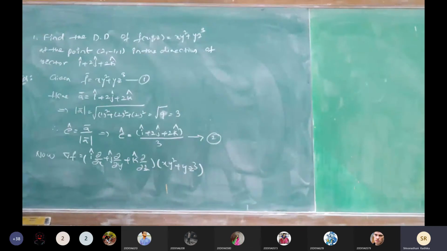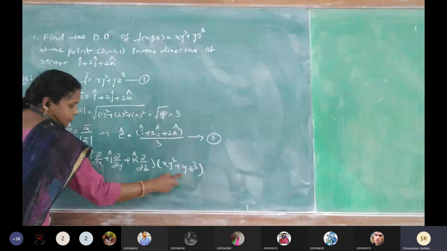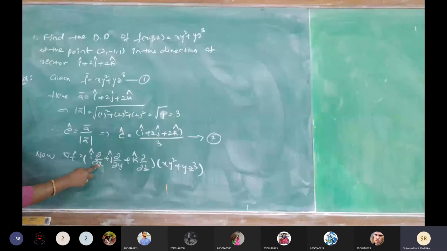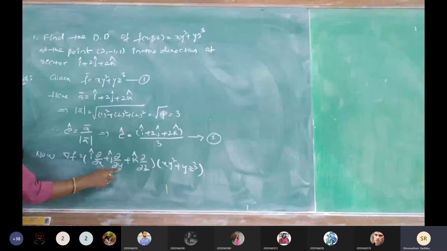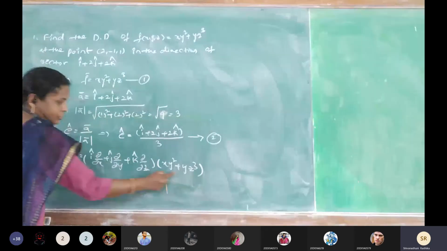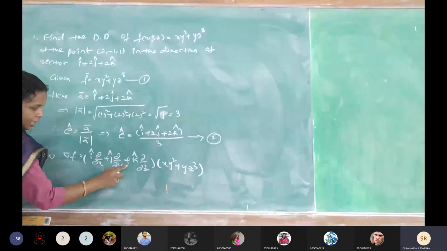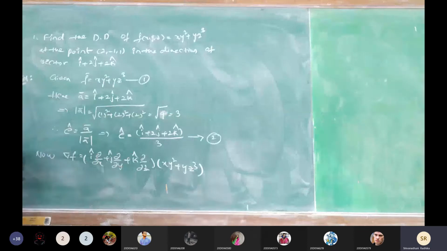Each and every term we have to differentiate: the first with respect to x, plus with respect to y we are going to differentiate, plus k with respect to z we are going to differentiate.